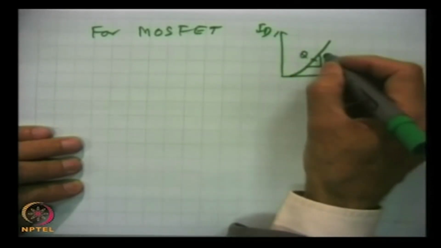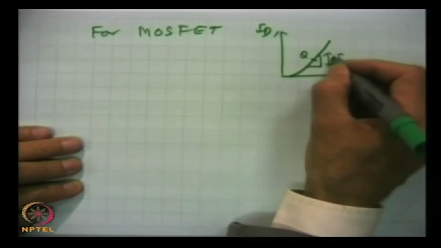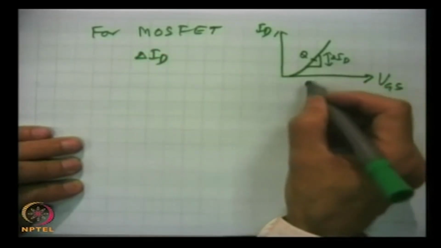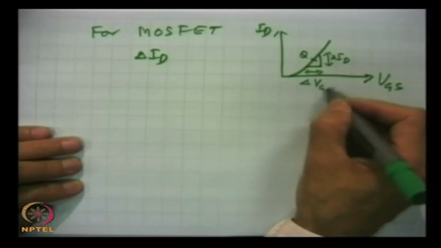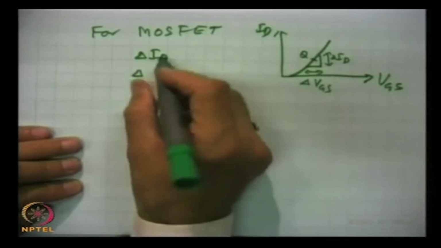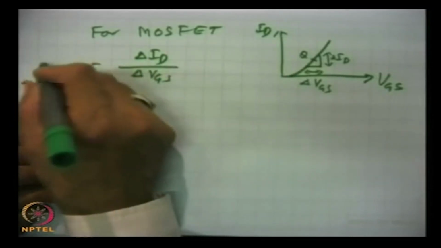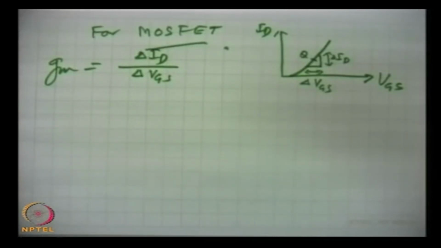So, the same thing, we get the value of change in ID, and this is the change in VGS. The ratio will give GM for a MOSFET at the Q point.